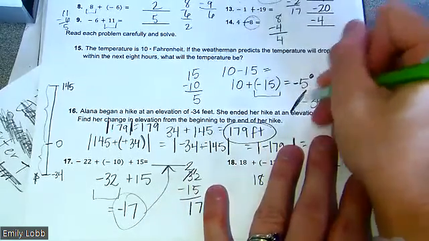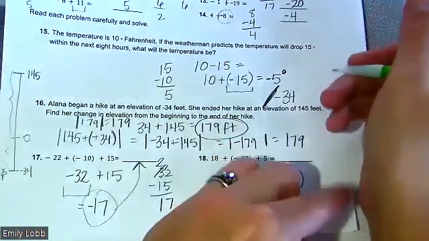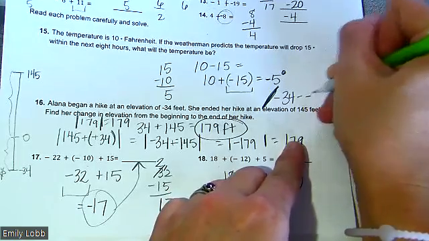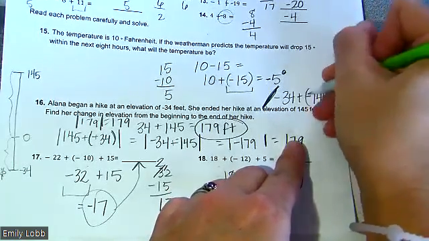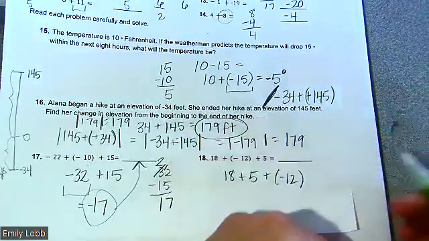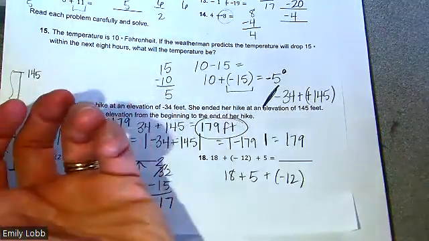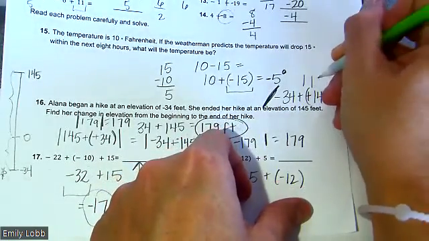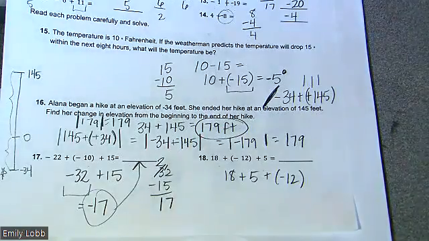This is a sidebar. This was a mistake that we're just looking at and why it's a mistake. You wrote out a negative 34 minus a negative 145. And then you switched. Now your signs are different, so you should have been finding the difference. Because this is actually 111, which is not correct, right?